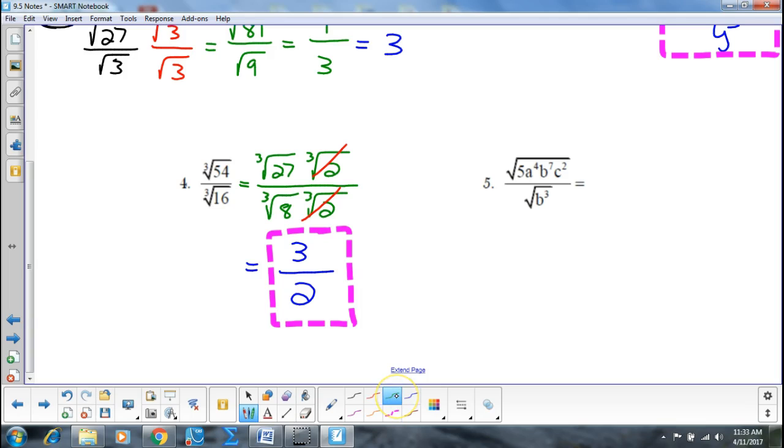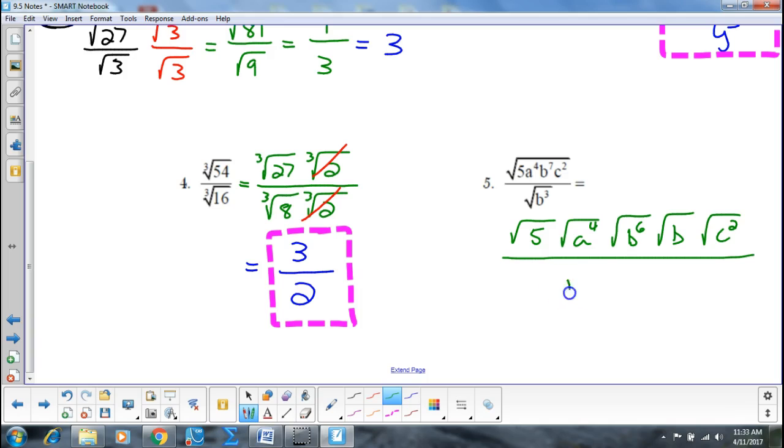Over here, I would make this be the square root of 5, the square root of a to the 4th, the square root of b to the 6th, and the square root of b, and the square root of c squared, all over the square root of b squared and the square root of b. Right?